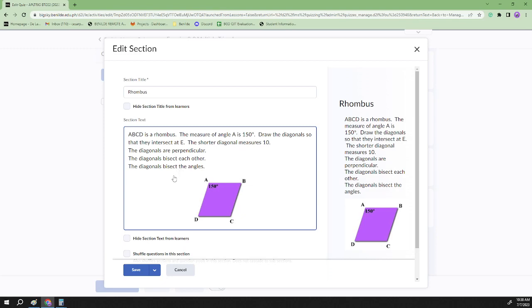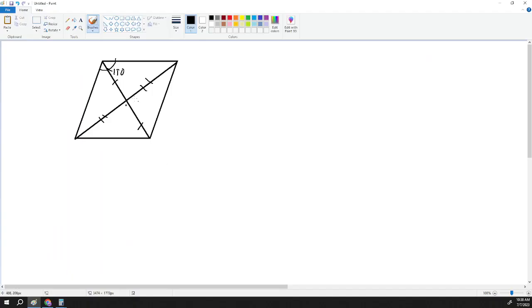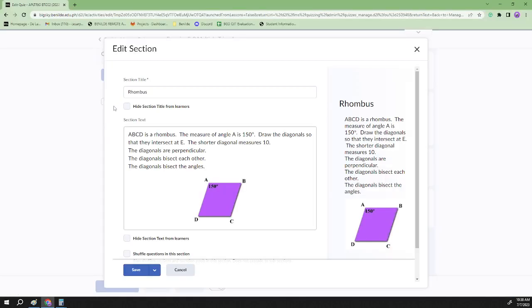And when you bisect the angles, same thing, you split the angles evenly. So from 150, it becomes 75, 75. Alright? And the shorter diagonal measures 10. So those are our givens.